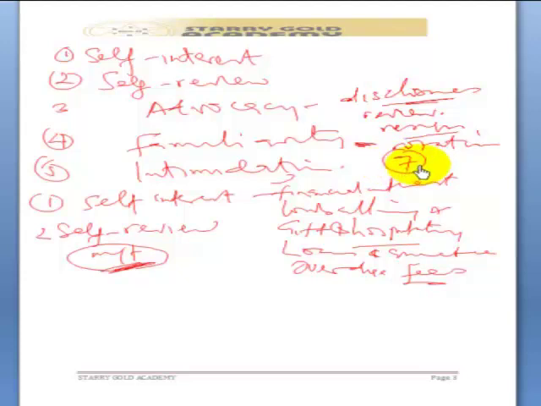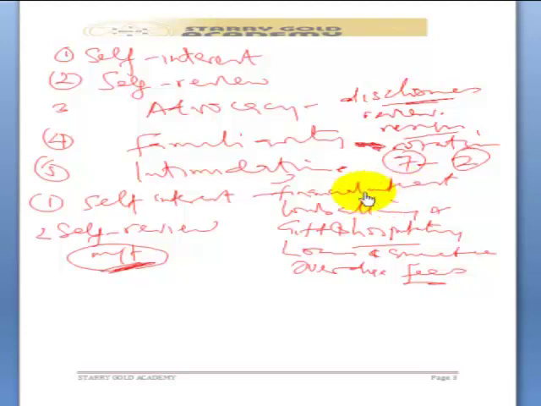After 7 years, rotate the person off the audit and allow 2 years to cool off before that person could go back to that audit. This will ensure that the familiarity threat is minimized to an extent. So the last one is intimidation, whereby the clients can intimidate the auditor.